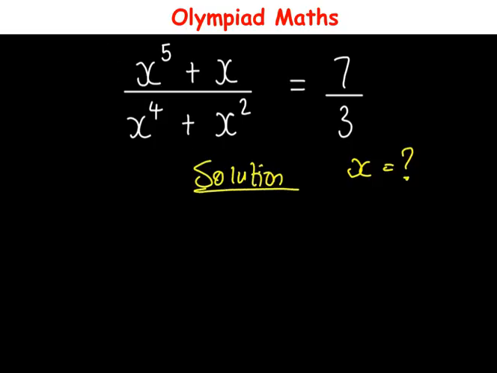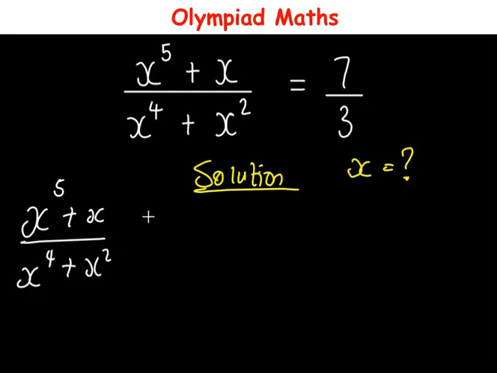So the question, which is (x^5 + x) / (x^4 + x^2) = 7/3. Now, the first thing we're going to do is to factorize out x from the left-hand side of the equation. We're going to have x into brackets.